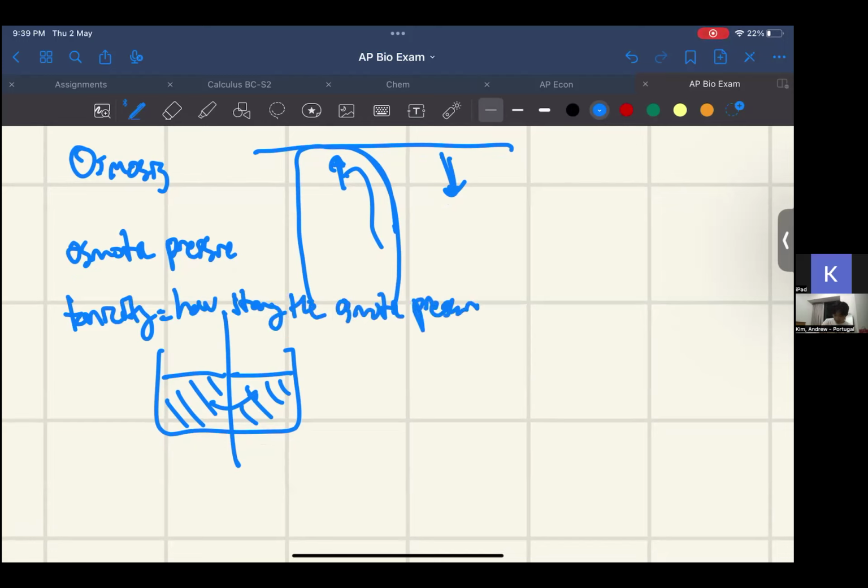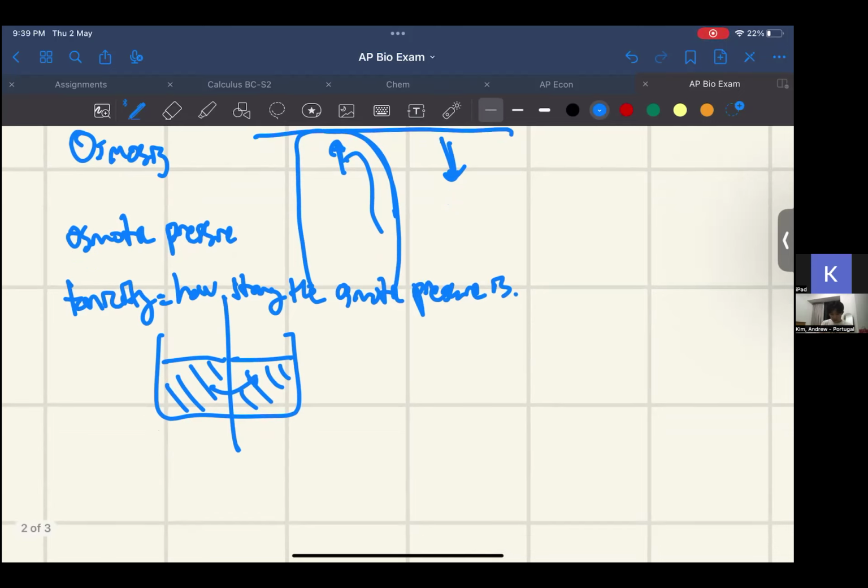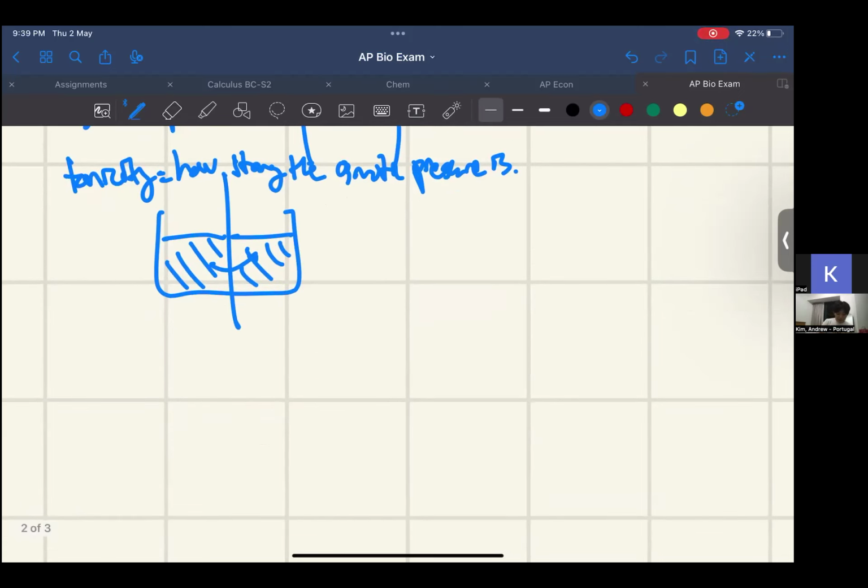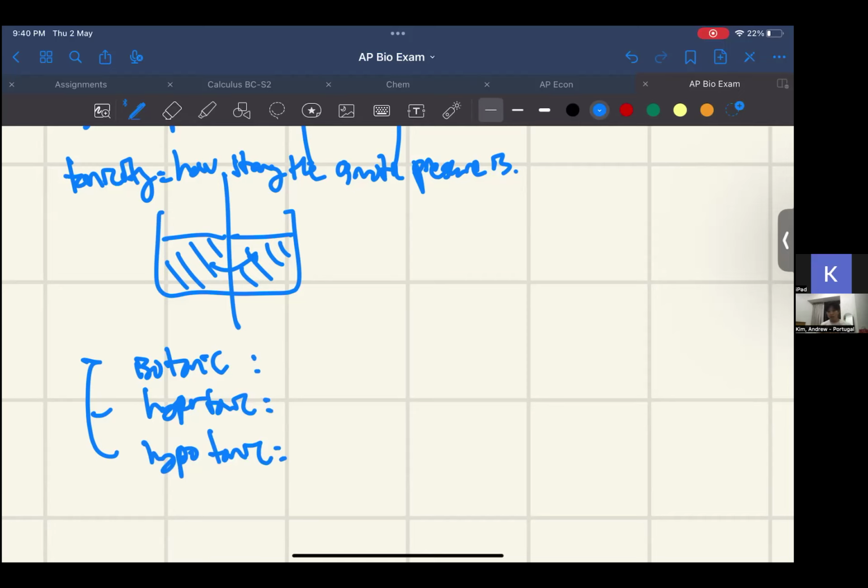It's that simple. Now, there are three different types of solutions. First, isotonic. Second, hypertonic. Third, hypotonic. Isotonic solution is a solution that has the same concentration as the solution that you're comparing to.